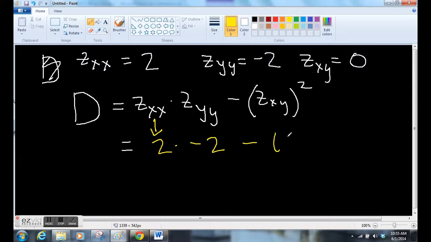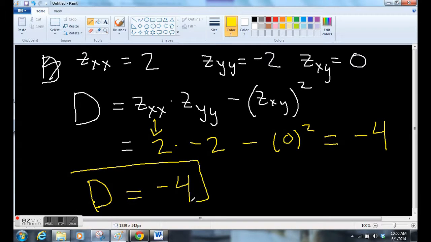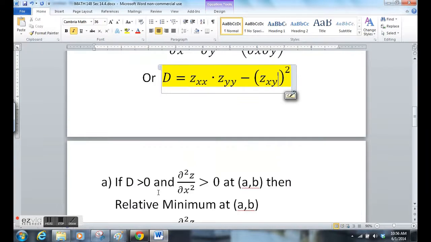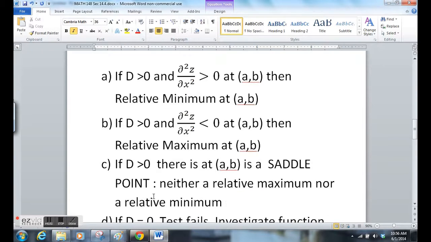That whole thing equals negative 4. So when you get down to this D, this big D as in delta, you're going to probably have a number. It's just a single number. Negative 4. Okay, so D equals negative 4. So what? What does that tell us? Well, I don't expect you to know what that means. I expect you to have this written down, some version of this table written down on your card.